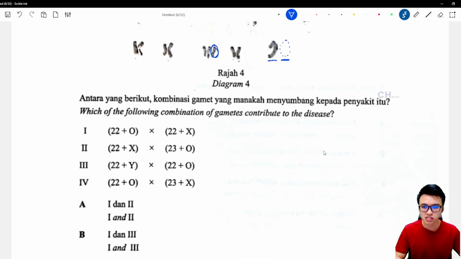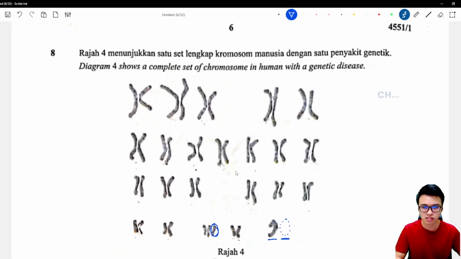Alright, so when you see these kinds of questions, it's good to imagine this: how can you get this set of chromosomes?